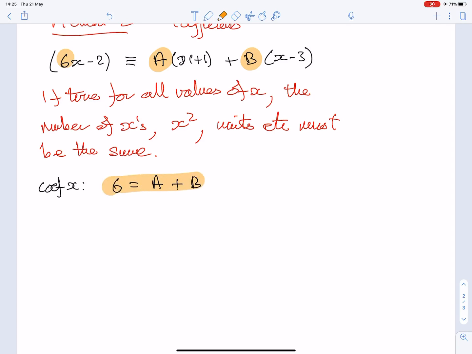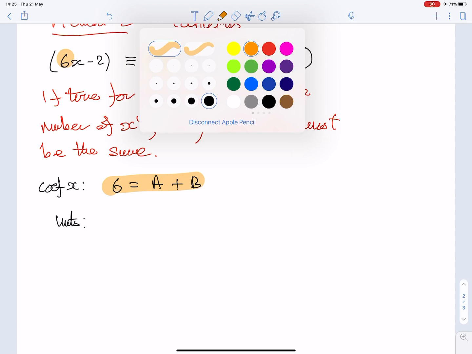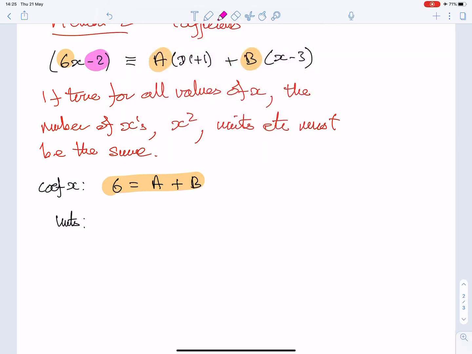Okay, well that's one equation with two unknowns. Where can we get a second equation from? I'll look at the units. So we get -2 and we've got 1 times A, so that'll be A, and B times -3.